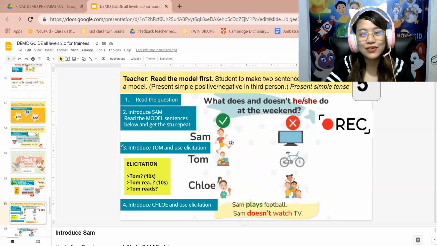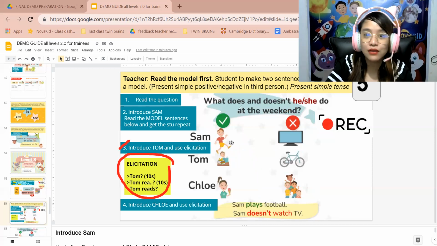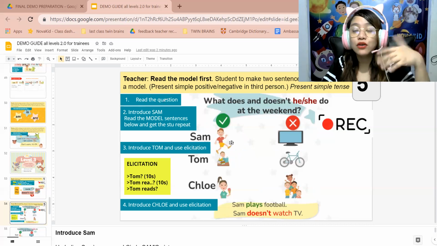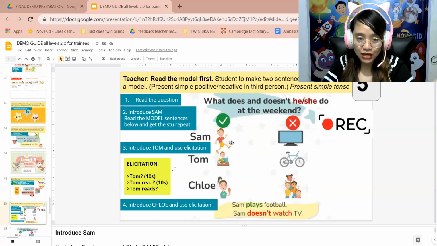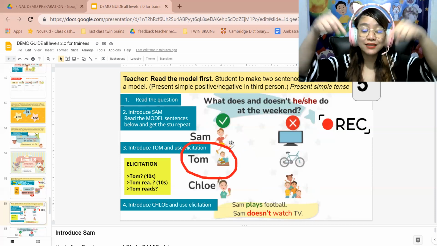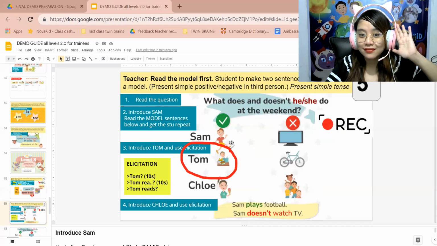And third is you introduce Tom and use elicitation. So this is how you elicit, or this is how you use elicitation. Look, this is how you use the elicitation techniques. Look, who is this? Tom.